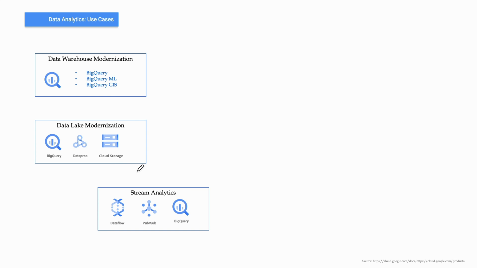Stream analytics. Again, data is streaming through Pub/Sub as a messaging service. Dataflow's integration with Pub/Sub gives you proper watermarking and proper control on the delivery of your messages, and then each one of these services can feed data directly into BigQuery.